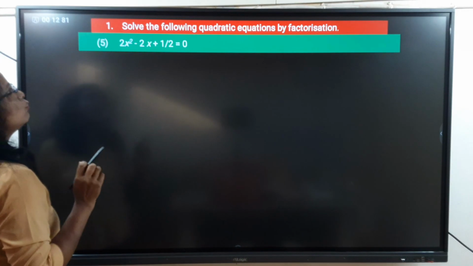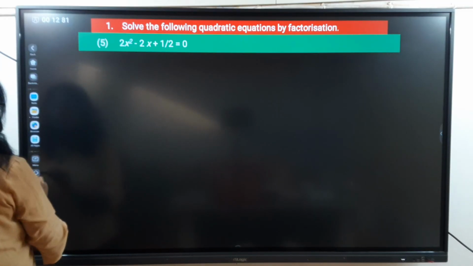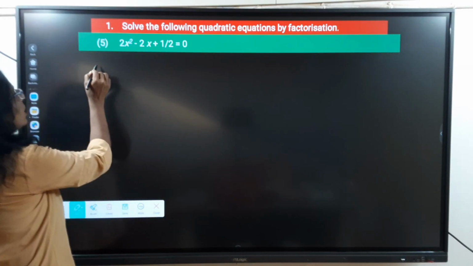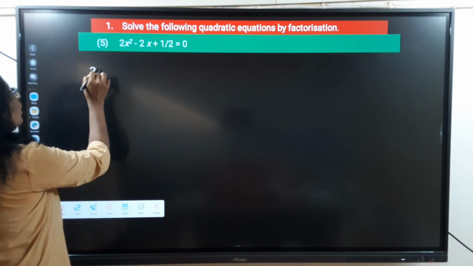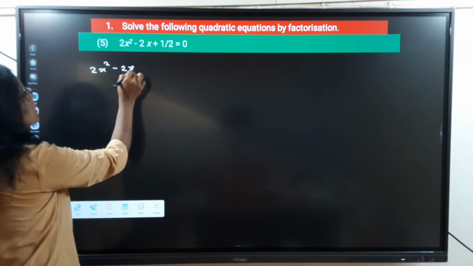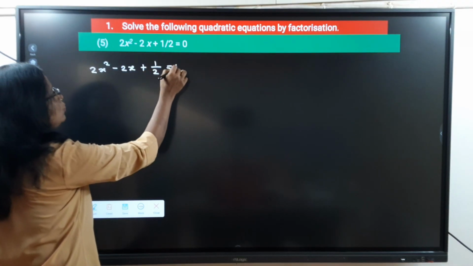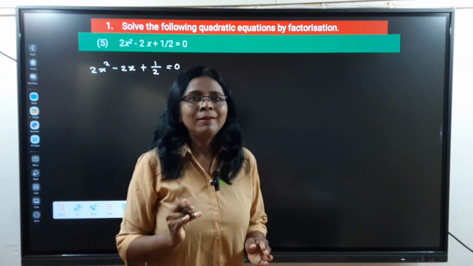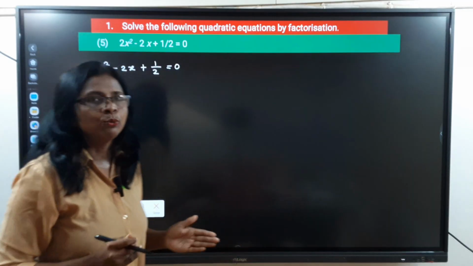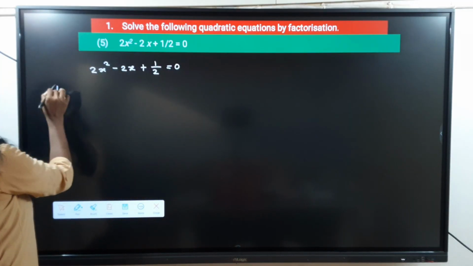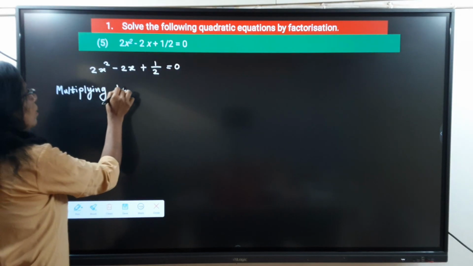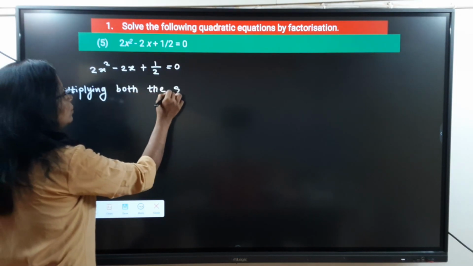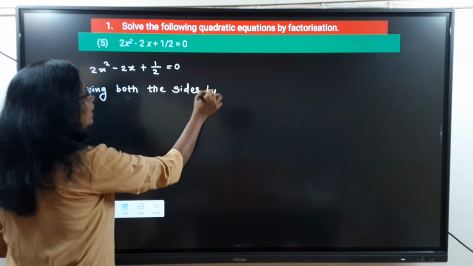2x square minus 2x plus 1 upon 2 is equal to 0. So now here, students, first we write down the given quadratic equation as it is: 2x square minus 2x plus 1 upon 2 is equal to 0. Here at the denominator place there is a 2, so multiplying both sides by 2.